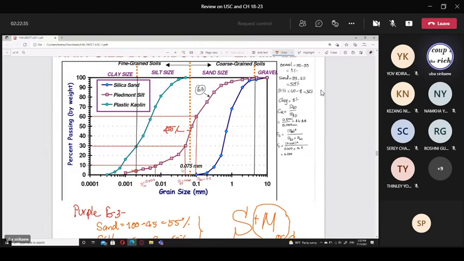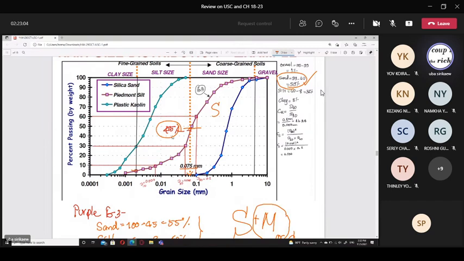Is this a 0.05, this part? So you check it, this part is about 45%. It means that the first particle, the sand is 59%. You do right here.